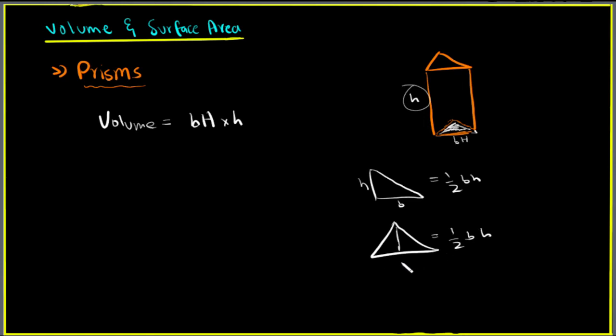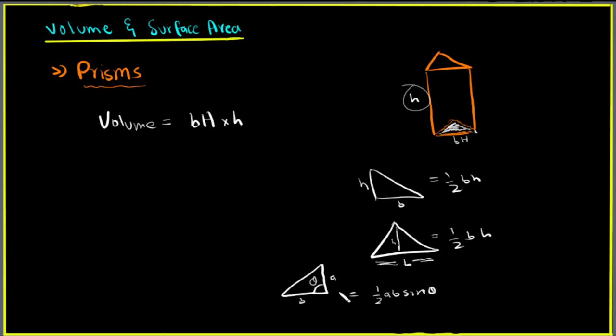This time the base is the whole length of this side, and height is this. But triangles could exist in many other forms as well, like irregular shapes like this. To calculate the area for triangles like these, where you are given an angle here, a side length A here and a side length B here, the formula could be 1 over 2 AB sine of this angle theta in between, right?